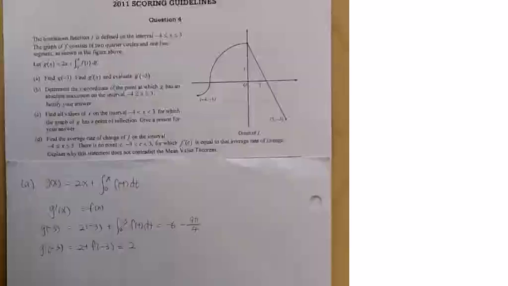Question A: find g(-3), and find g prime of x and evaluate g prime(-3). So we know g(-3): just plug -3 into the function given to us.